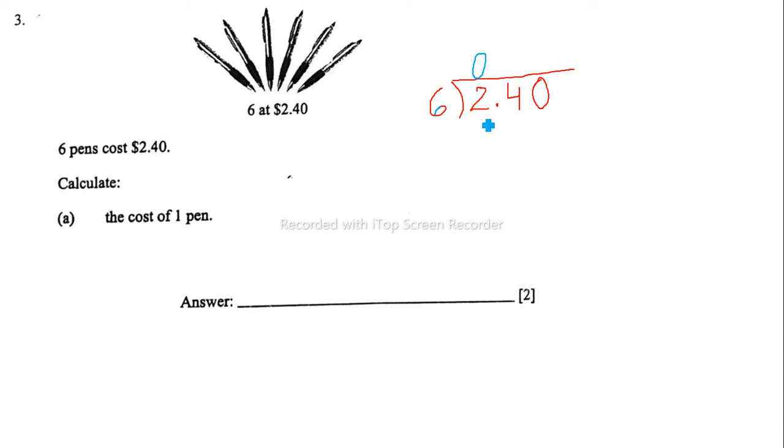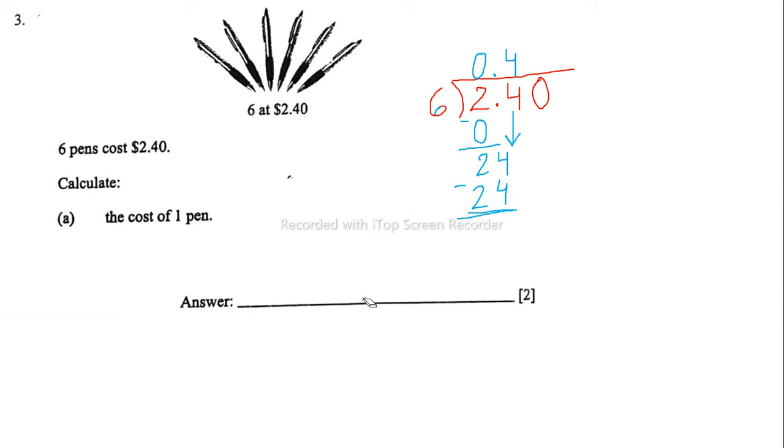6 times 0 is 0. Kennedy, you kill me, you know. 2 minus 0 is 2. We bring up the point and we bring down the 4. How many times does 6 go into 24? 4 times. Very good. 6 times 4 is 24. Miss Cooper, you happy? We're doing this by hand. I know you're in your glory now.